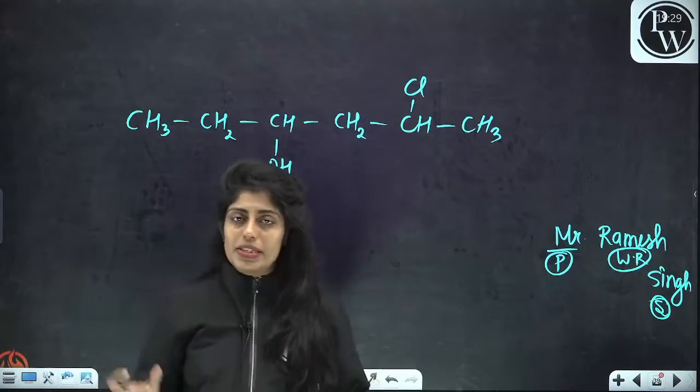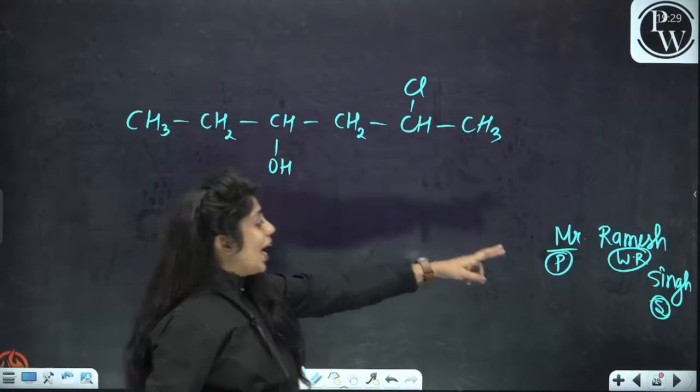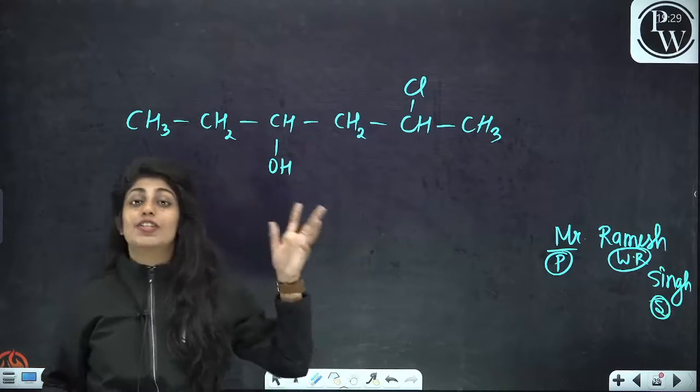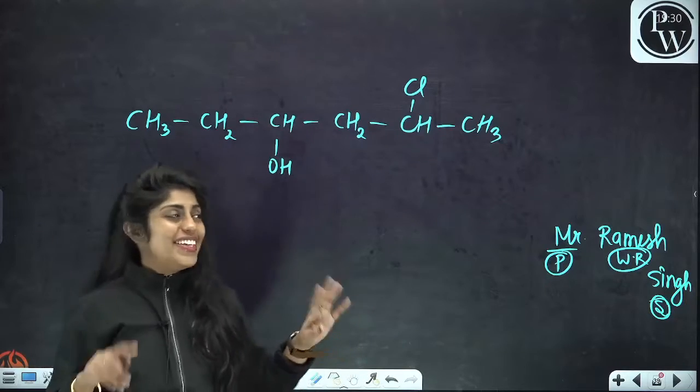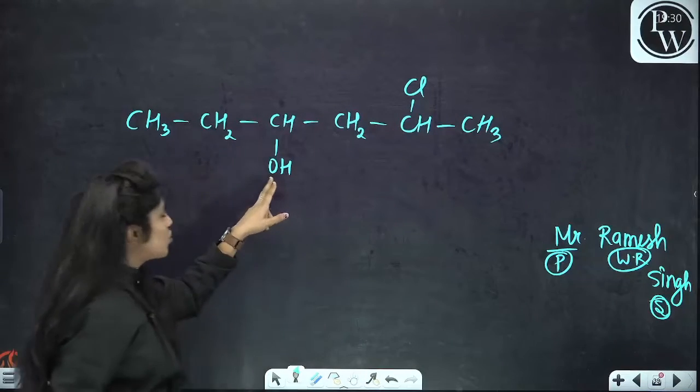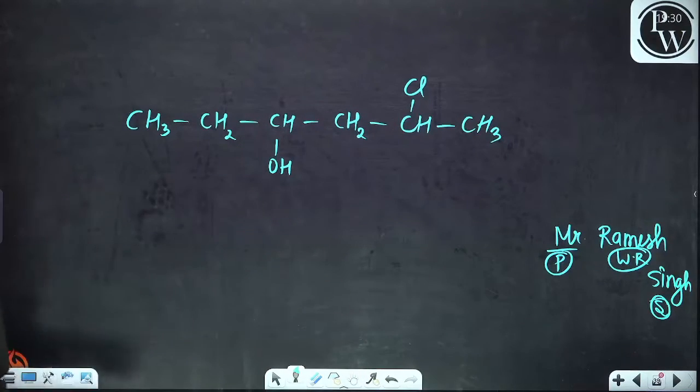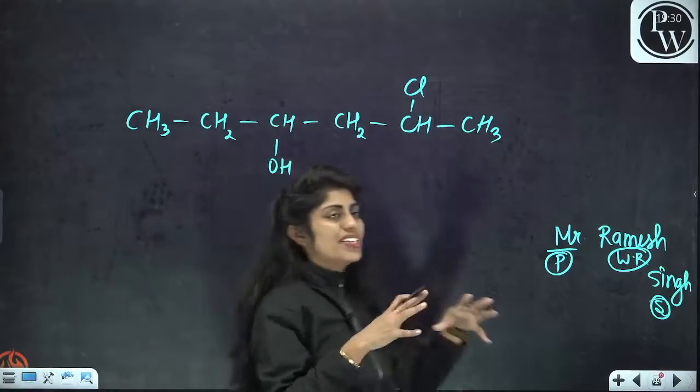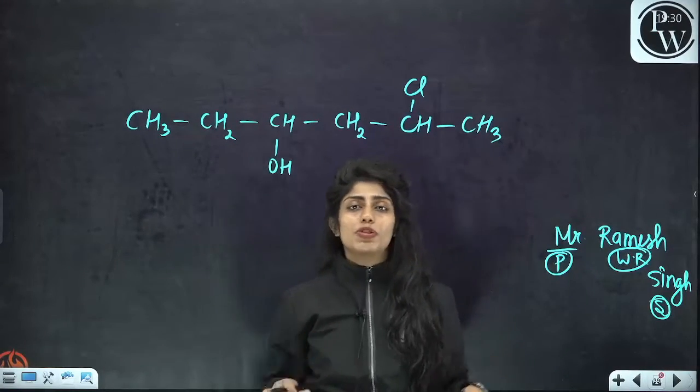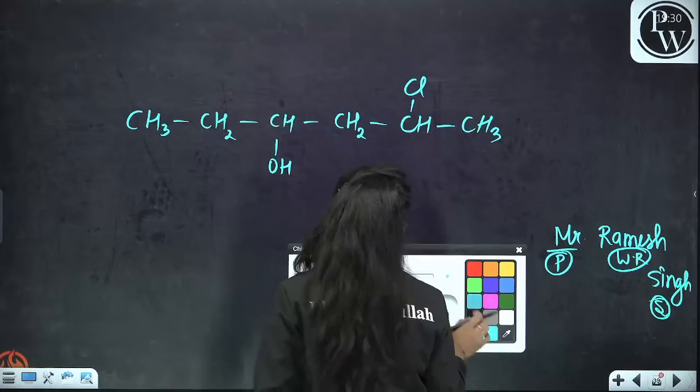Not Mr. and Miss. Okay, so you have to always understand this story when you are naming any functional group which is from the suffix side. You have to give it the lowest locant number, lowest possible number. Okay, let's check.